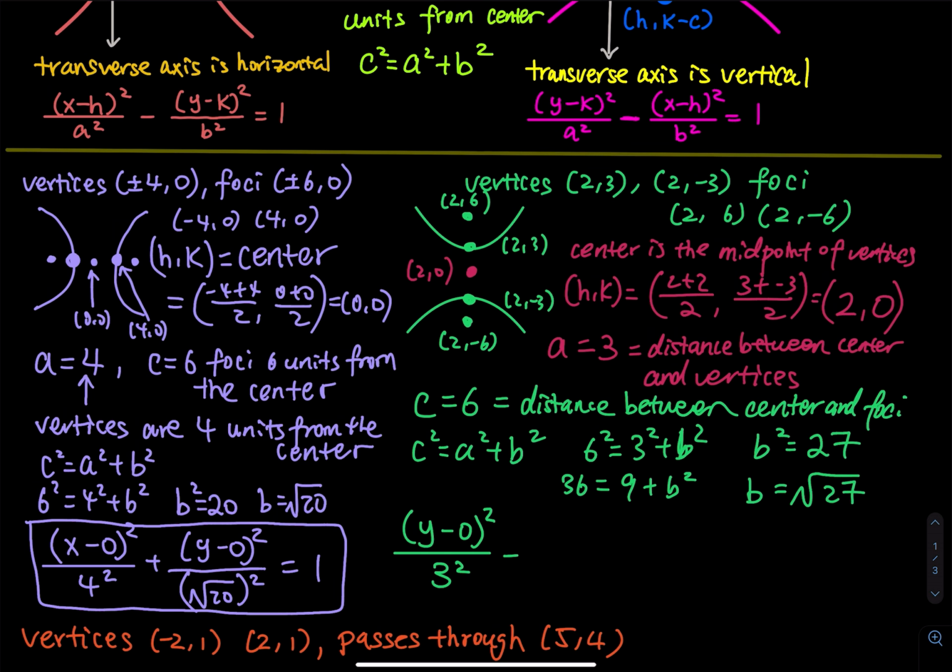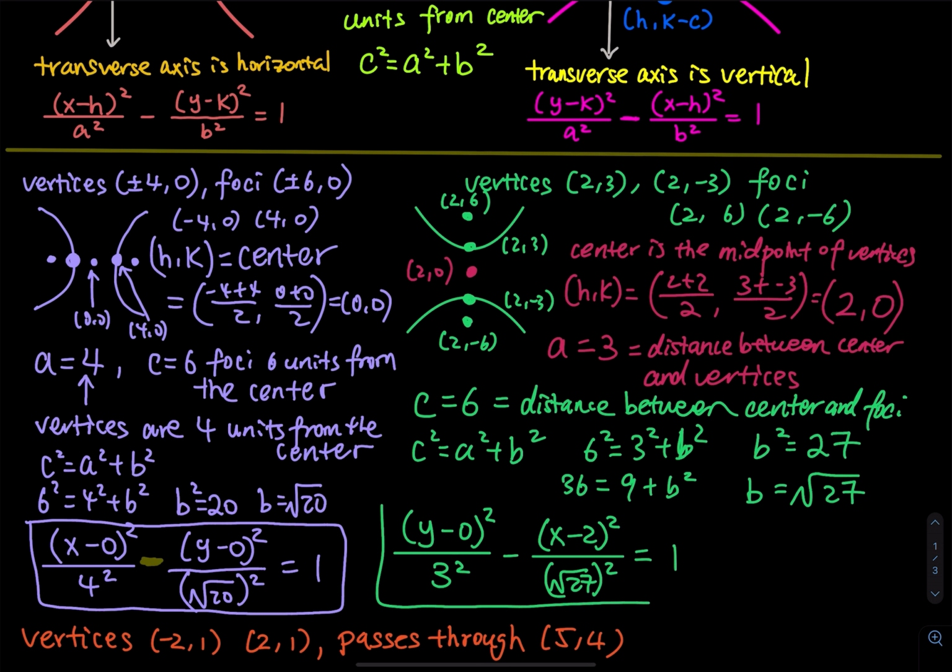The previous problem, I'm sure that everybody found this mistake, so this is a minus. I wrote a plus, it's a minus. And then minus x minus 2 square divided by b square. b square is the square root of 27 square, and then equals 1. And then there you go.